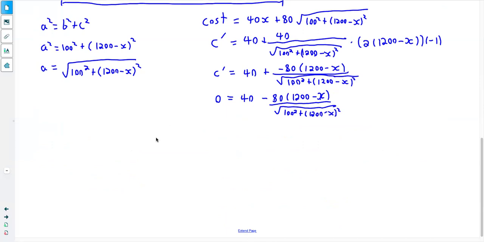So I'd probably move this to the other side in the next step. So that gives me 80 times (1200 minus x) over the square root of 100 squared plus (1200 minus x) squared equals 40.